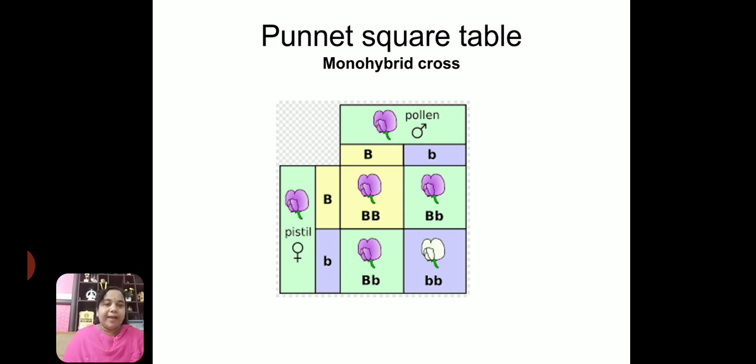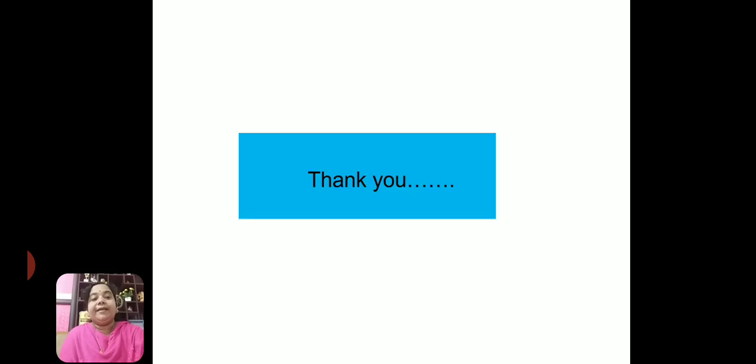So the Punnett square for a monohybrid has 4 squares for filling the hybrids, but in the case of a dihybrid cross it will have 16 squares. So these are the different terms you have to study before dealing with genetics.